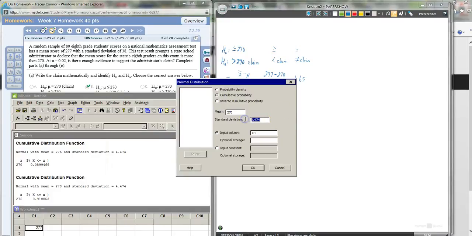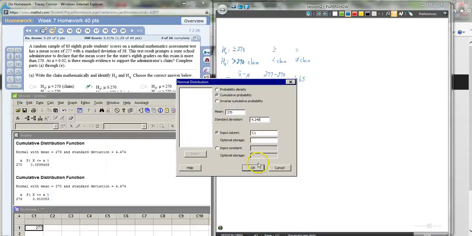And then our standard deviation, which would be your sigma, which is 38 divided by square root of n, so square root of 80, and you would get a standard deviation of 4.249. So I'm going to do 4 point, and I'm rounding it to 3 decimal places.